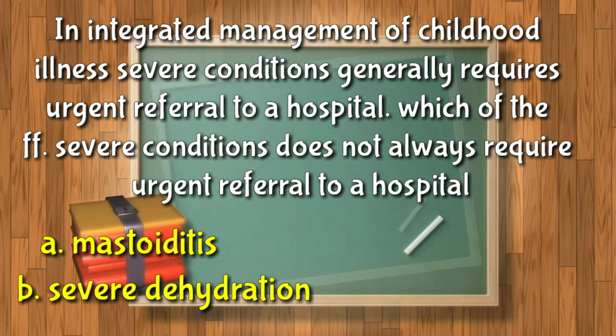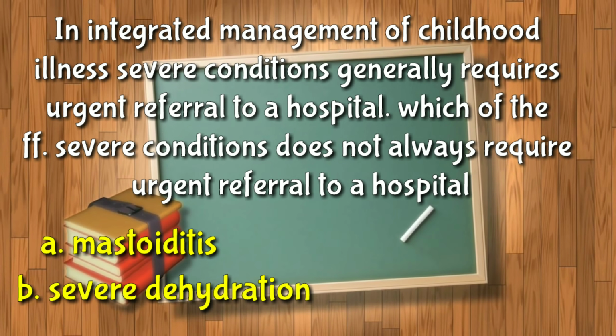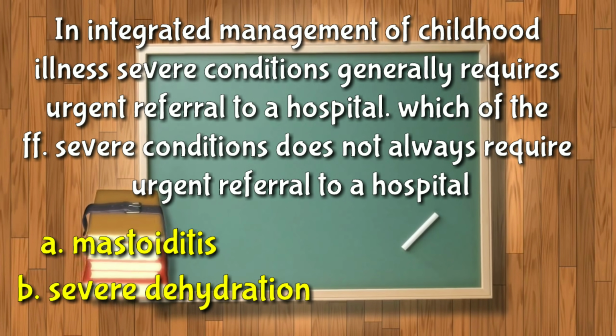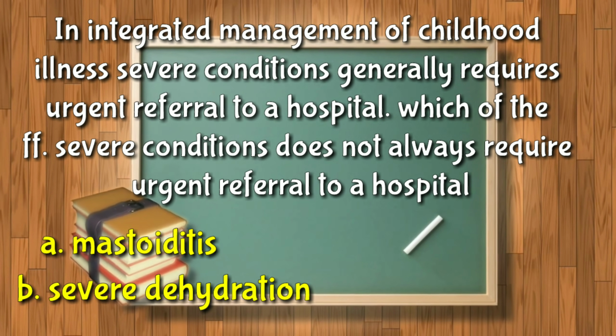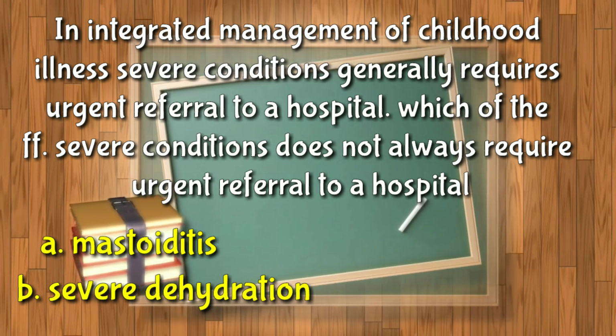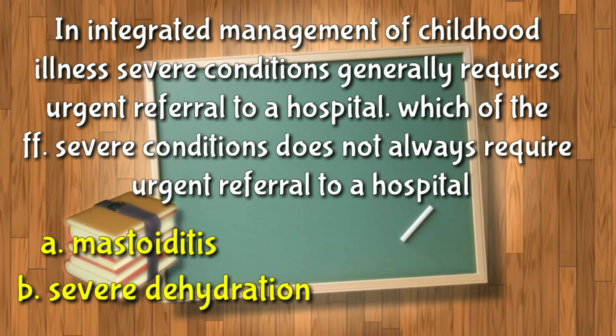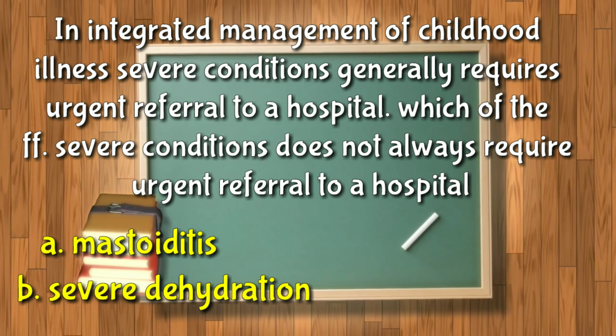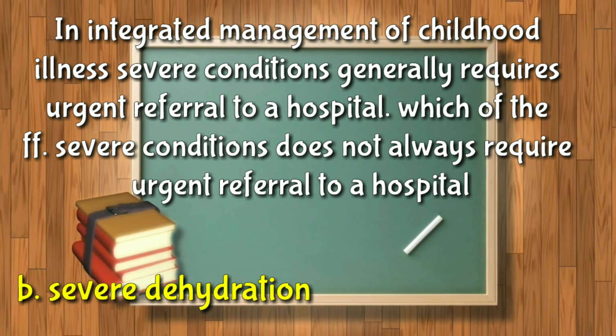So you are left with the 2, mastoiditis and severe dehydration. I know that some of you eliminate severe dehydration because it is severe, but to tell you the truth, you cannot eliminate severe dehydration. Instead, letter A, mastoiditis, is eliminated. Why?